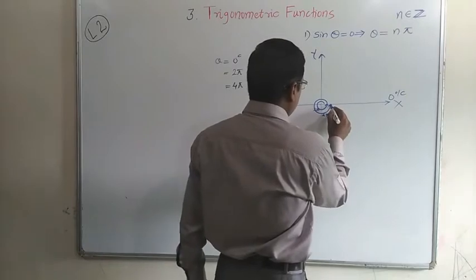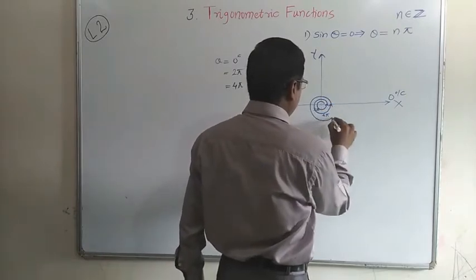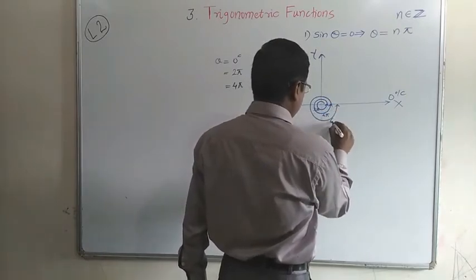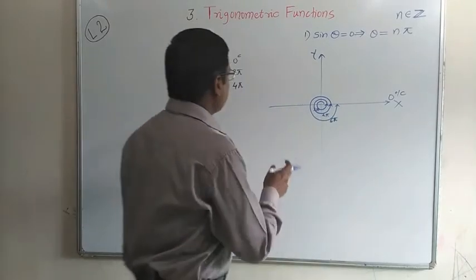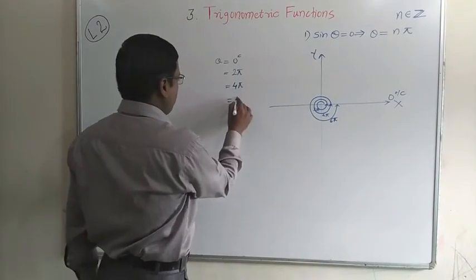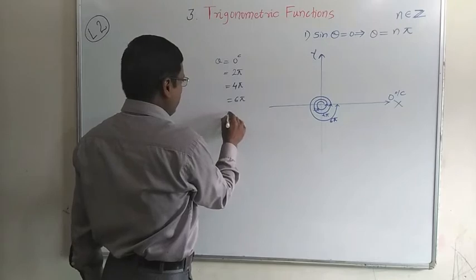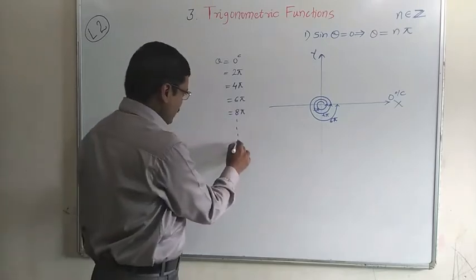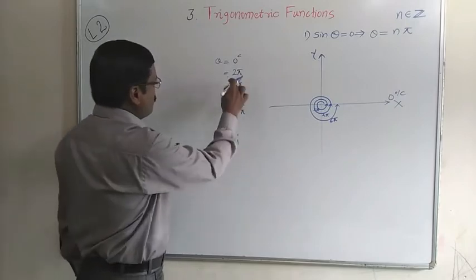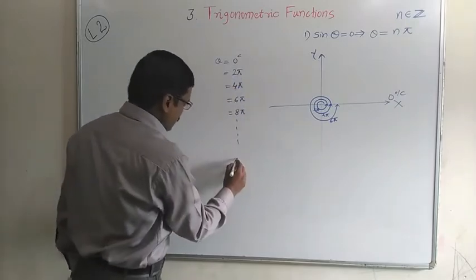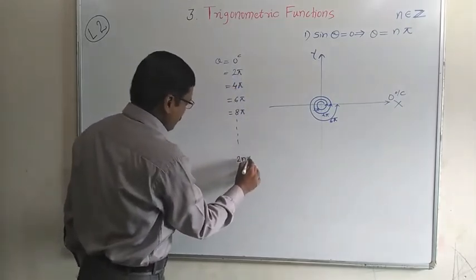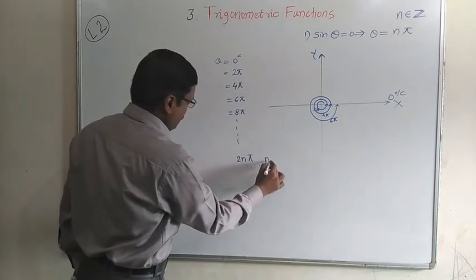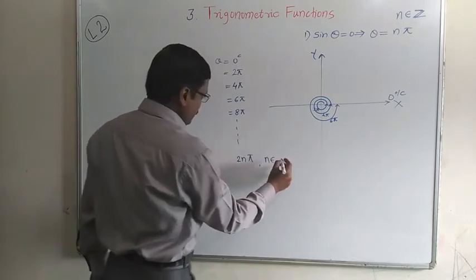In the same way, if we complete one more circle, we get 6 pi, and sin 6 pi is also equal to 0. In this way, we find the next solution as 8 pi. So we get 2, 4, 6, 8, that is even multiples of pi, where n belongs to integers.